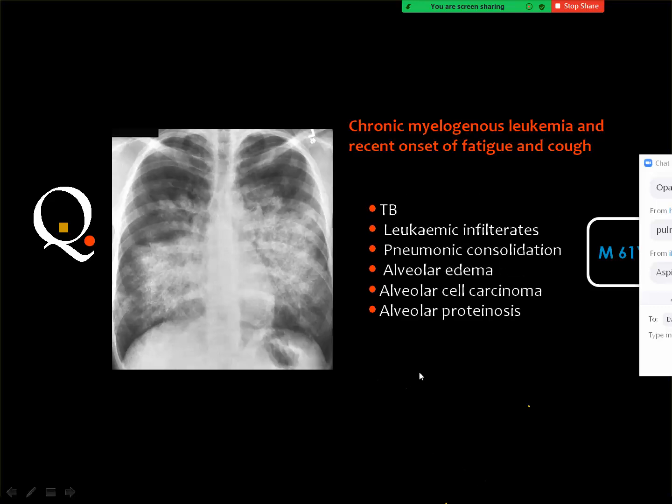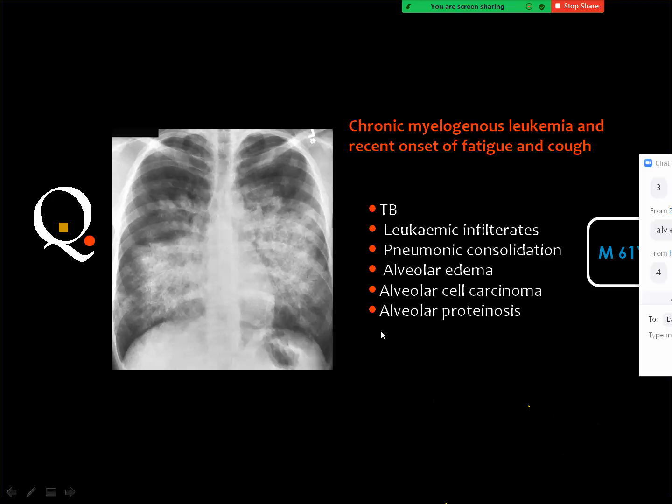Here are the diagnostic possibilities: TB, or leukemic infiltrations, or pneumonic consolidation, alveolar edema, alveolar cell carcinoma, alveolar proteinosis. Number three is, you mean this is pneumonic consolidation or alveolar edema or alveolar cell carcinoma.